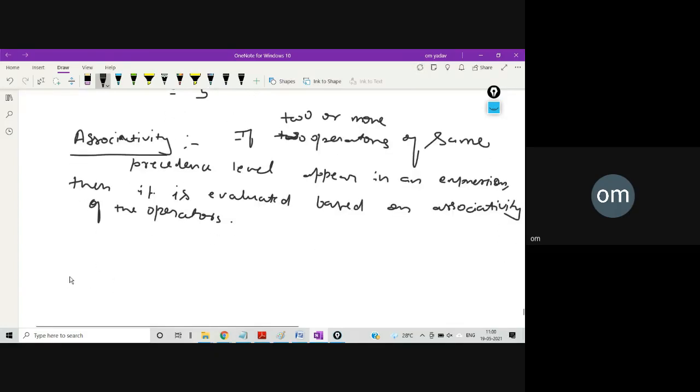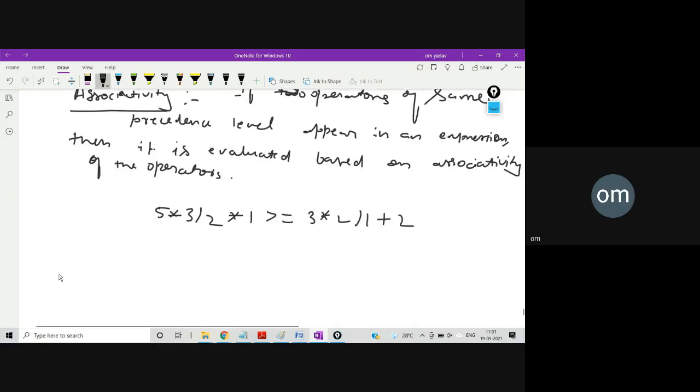So let's take one more example. Suppose I am having this expression, and it is told to evaluate the following expression along with the hierarchy of each and every step.